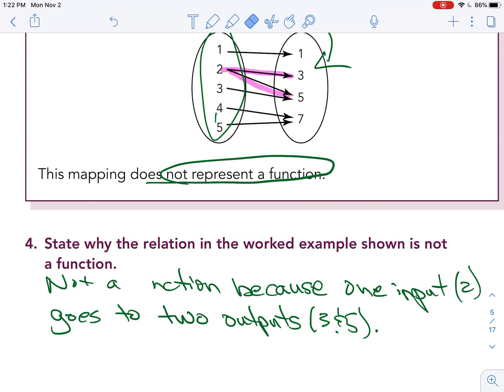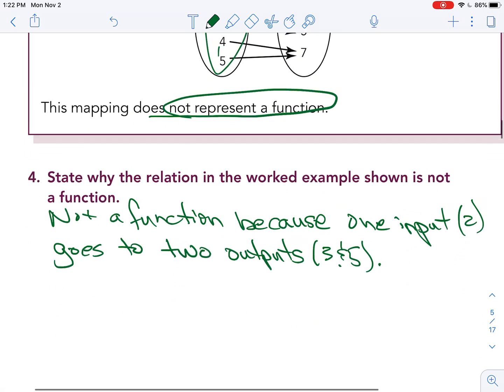And by the way, this F should not be capitalized because it's in the middle of a sentence.